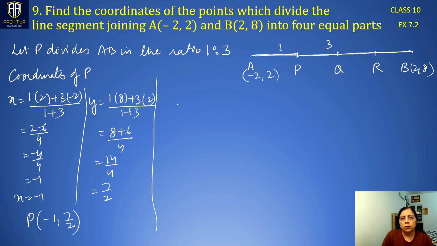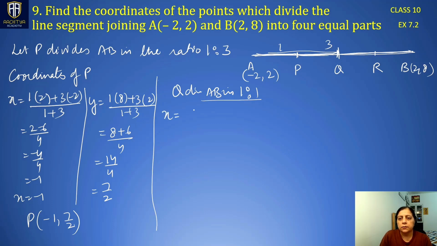Similarly, we can find coordinates of Q. Q divides AB in some ratio. Now what is Q? Since we have 4 parts here, if we go for Q, we have 2 on the left and 2 on the right. So Q divides AB in the ratio 1 is to 1. That means Q is the midpoint of AB.